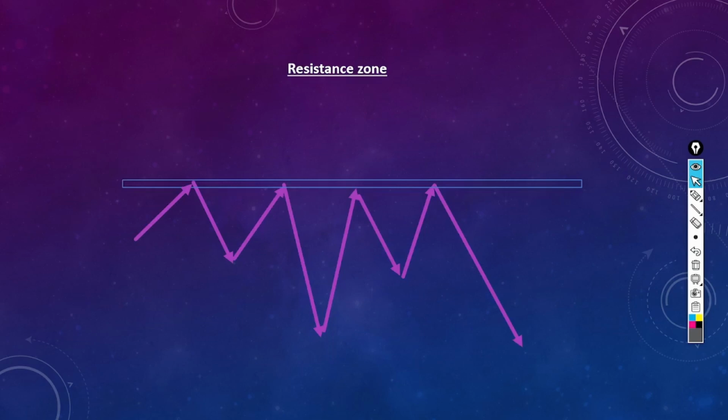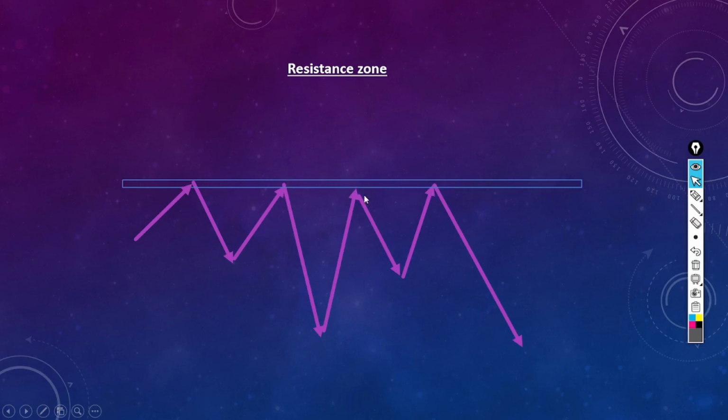We have a representation of what a resistance zone would look like. That would be the blue rectangle above here. So these arrows represent the price movement, as in the direction of the candles. So let's say the candles were generally moving up to this area, touched right there, bounced off of it, then we can draw it up everywhere that the price bounced off.